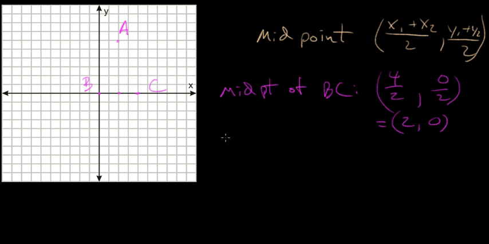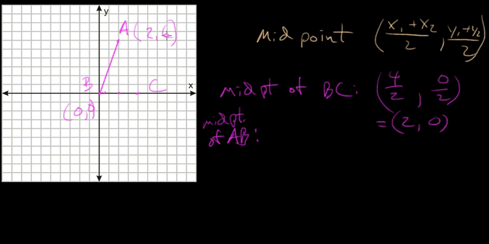Now, let's try the midpoint of AB. That's this line from here to here. How do I find the midpoint of AB? Well, I use the same formula, x1 plus x2. Remember, A is 2 and 6, B is 0, 0.